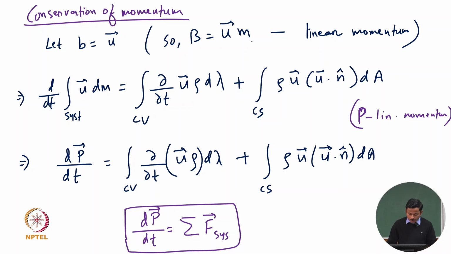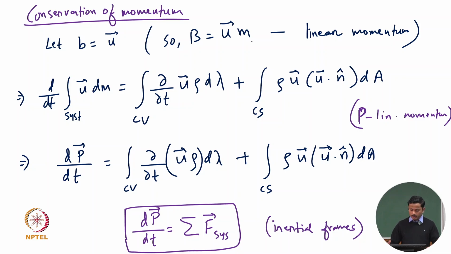So the linear momentum has to be conserved if external forces are zero; however, linear momentum can change if there are external forces acting on the system. This is for an inertial frame. We will come back to frames of reference in the next few lectures, where we discuss non-inertial frames of reference.